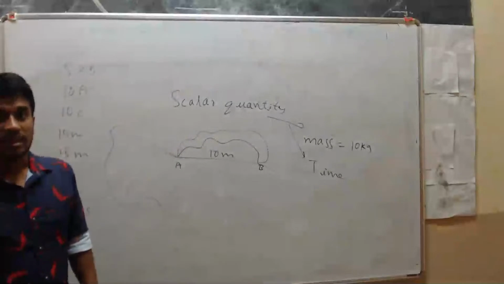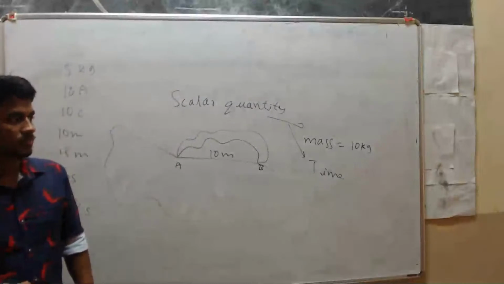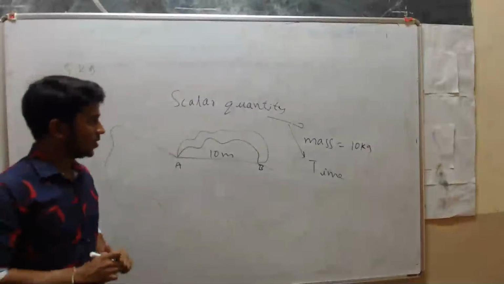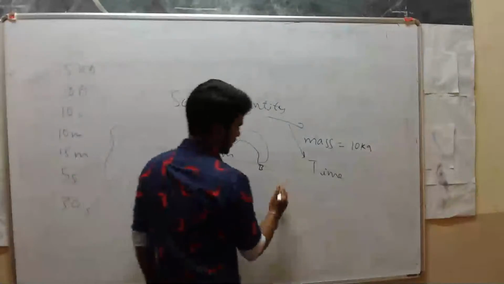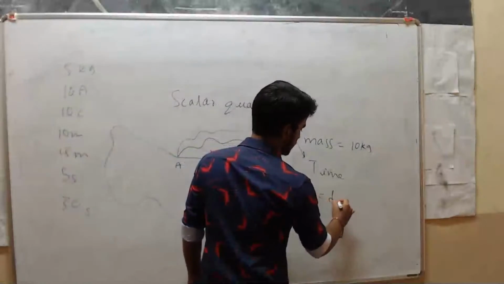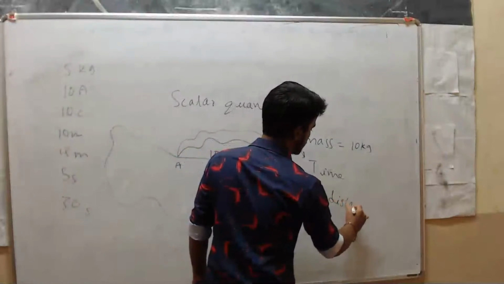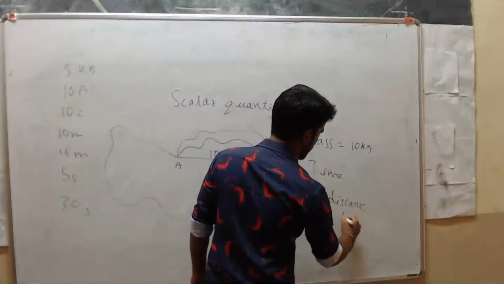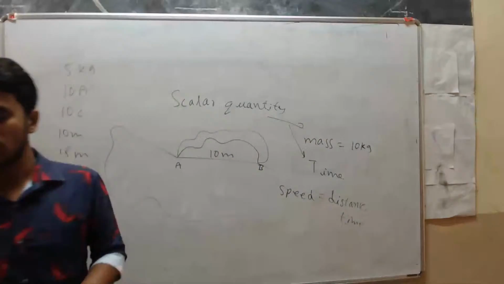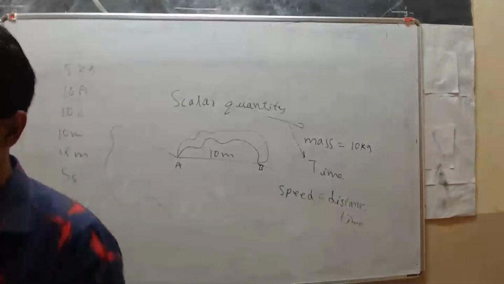Okay, then see here. Now we know the formula. What is that? Speed. Speed equals distance by time. Now I will ask whether speed is a scalar quantity or a vector quantity. See here.